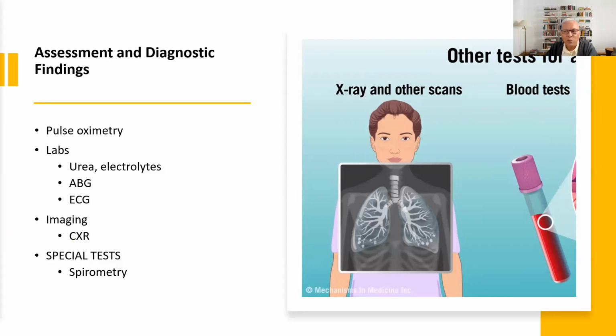And that is the reason why ECG monitoring is very, very important. Chest X-ray, for obvious reasons, is going to be imperative. And special tests such as spirometry, which is a method of choice to show an obstructive pattern, is going to also be important in diagnosing the development.